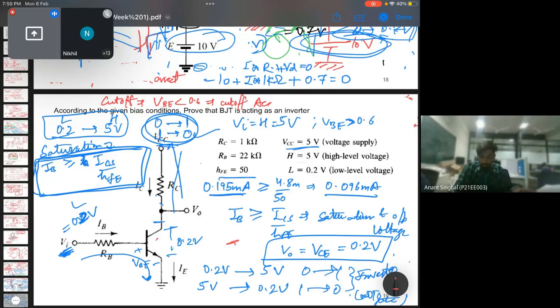Then for active, we'll say VB is greater than 0.6 but less than 0.7, and VC is greater than 0.8. And the condition for this was IC equals HFE into IB. I hope it is clear. I don't have much space.